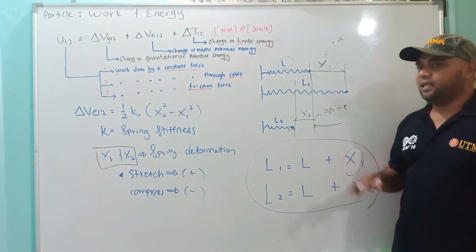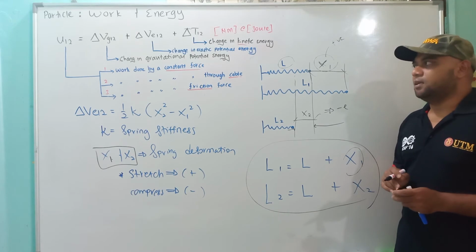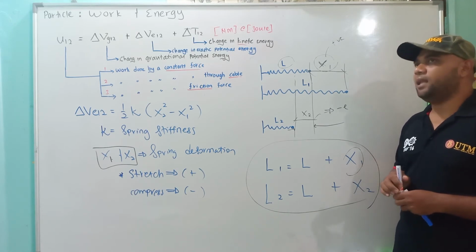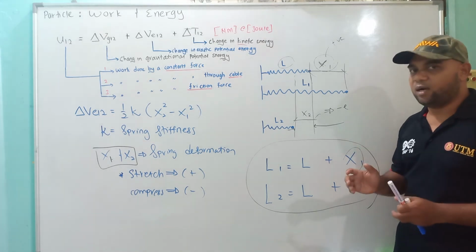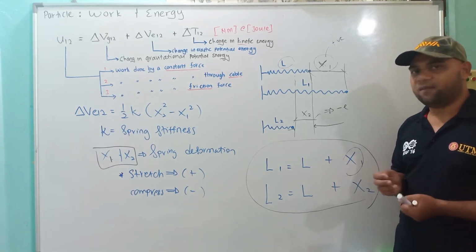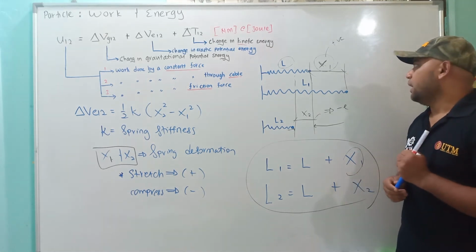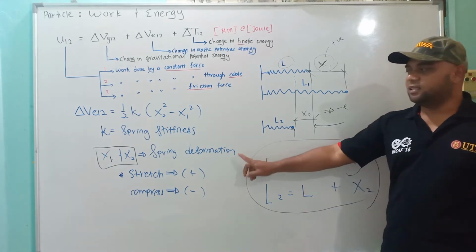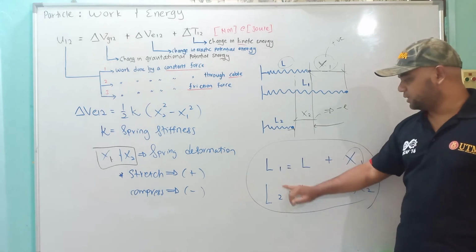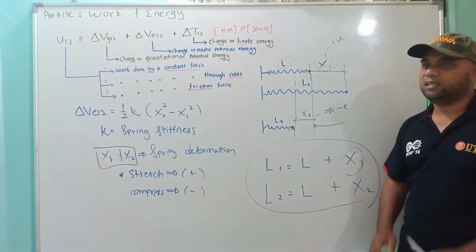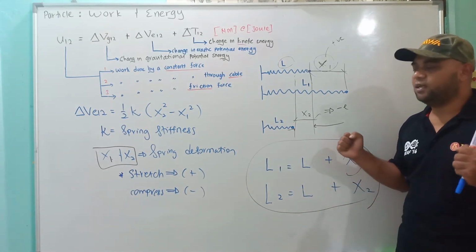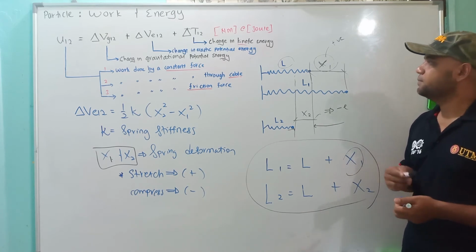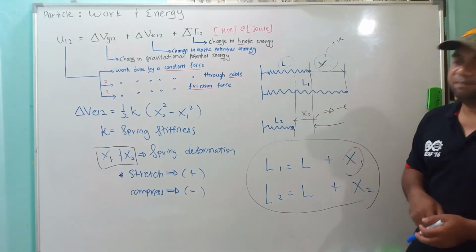The L1 and L2 are the actual length of the spring at position 1 and position 2 when you apply force. And the X1 and X2 are the deformation of the spring using this equation. If it is stretched, positive; compressed, it will be negative. Okay, so put in the equation, you will have the answer.